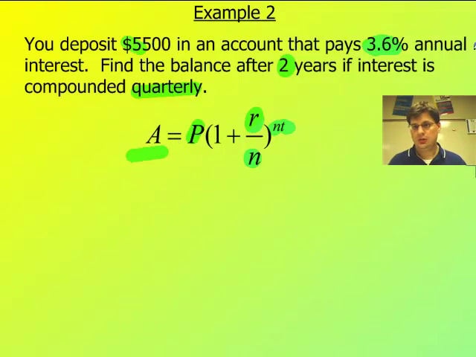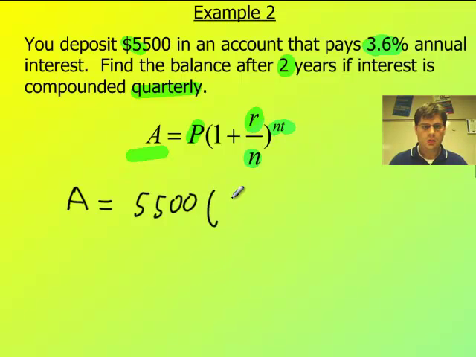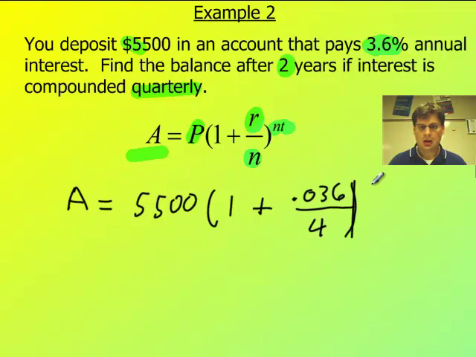So let's just do that, shall we? A is equal to 5,500 times (1 plus the interest rate, 0.036, over the number of times compounded, which would be 4), to the power of 4 times 2.